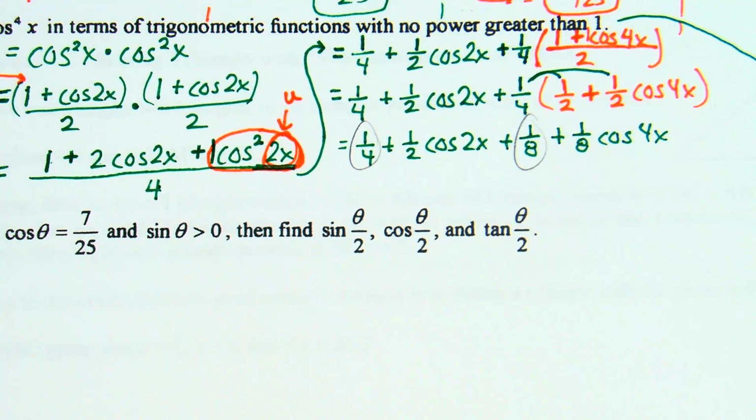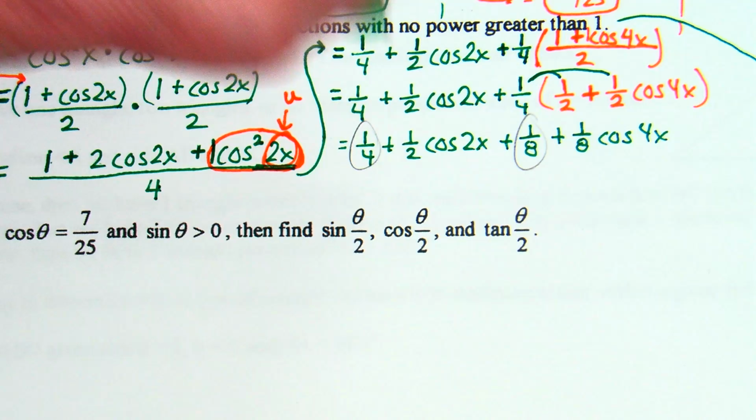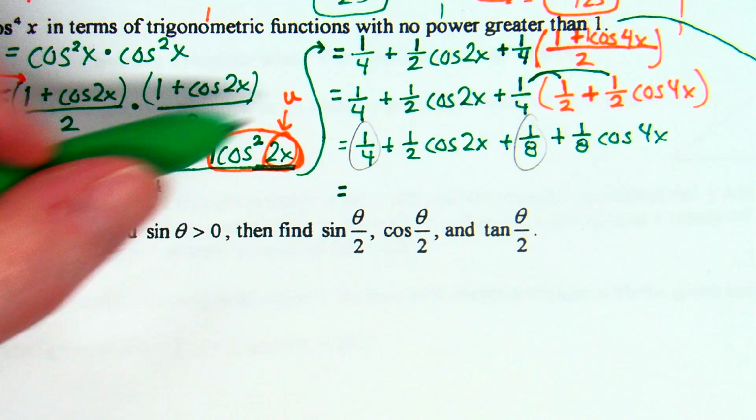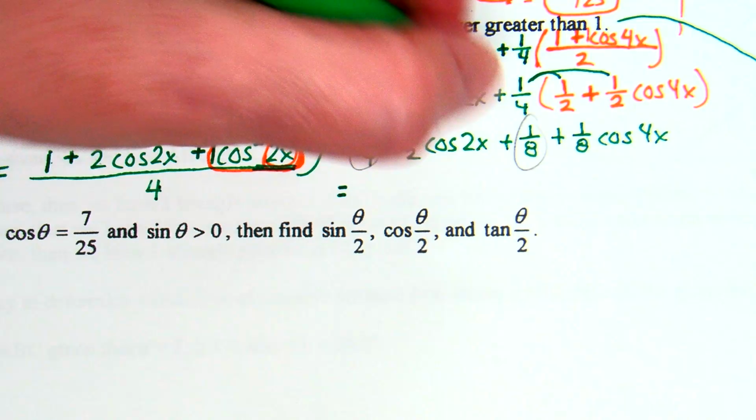Don't make it harder than what it is. So what is 1/4 plus 1/8? 3/8 altogether, because 1/4 is 2/8, and 2/8 plus 1/8 is 3/8.